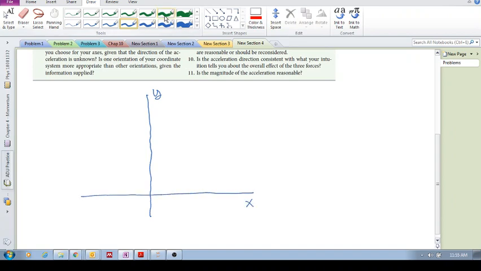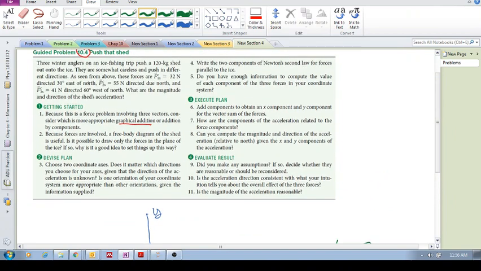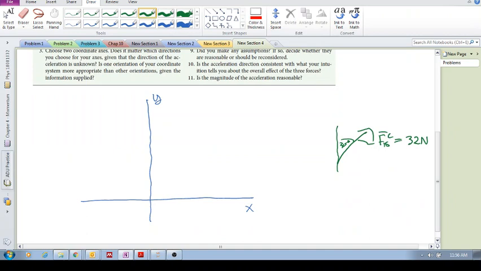Let's choose green. So we've got 3 forces. I'm just going to draw them roughly here. The first one is F1S, and that is equal to 32 newtons, and it says east of north. Let's just make sure we get that. Directed east of north.